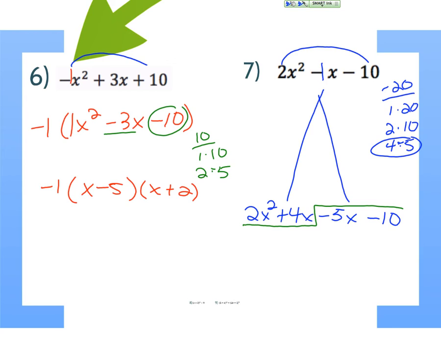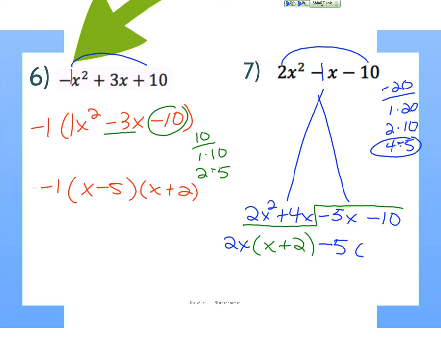So now here, 2x squared plus 4x, I can take out a 2x. And when I divide that out, I have x plus 2. 4 divided by 2 is 2. And this is why I wanted to show you guys that. If you do have a minus sign right here, you do want to take out a negative factor. Now, 5 and 10, I can take out a 5. But here's the deal.